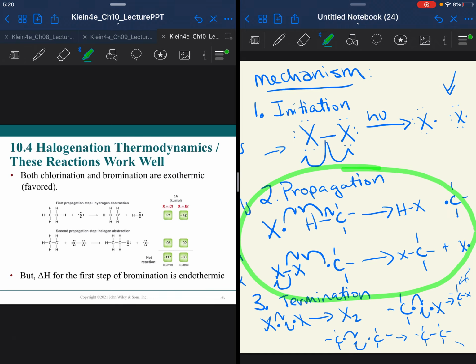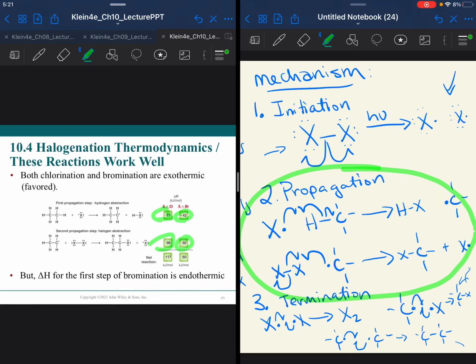When you compare chlorine and bromine, you don't need to know the numbers here, but let's talk through their thermodynamics. The first propagation step for chlorine is exothermic, as is the second propagation step. For bromine, the first step is endothermic, the second step is exothermic.